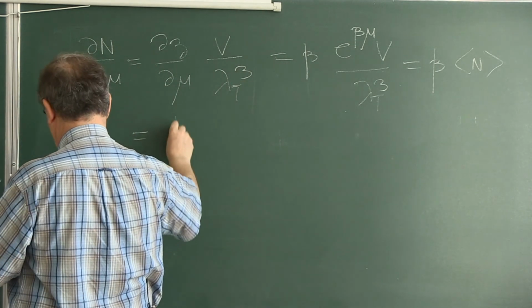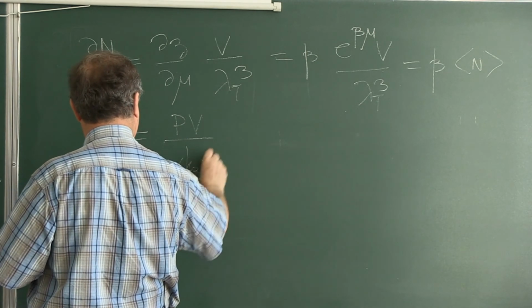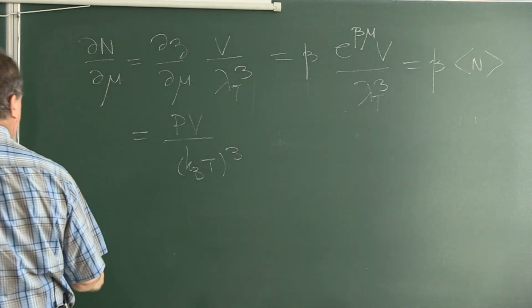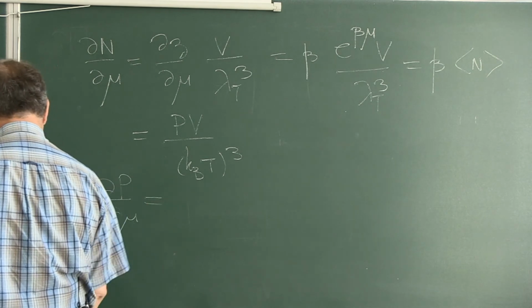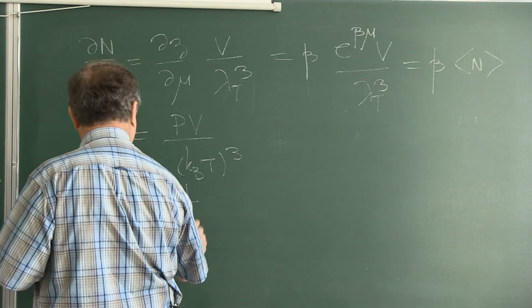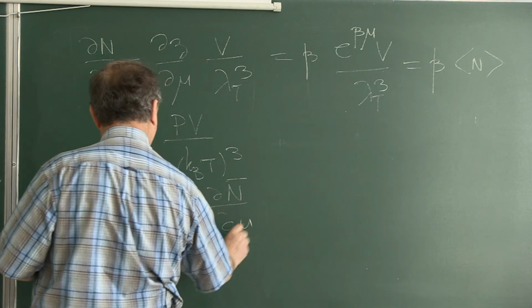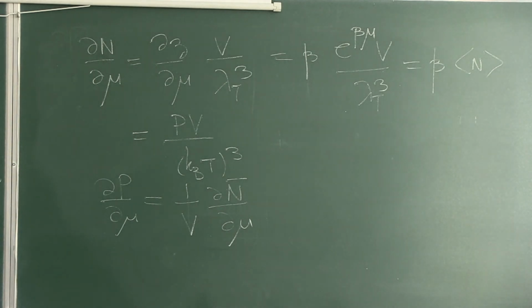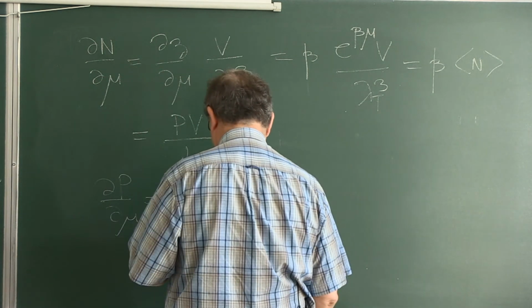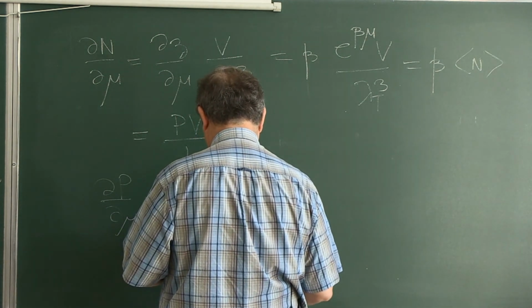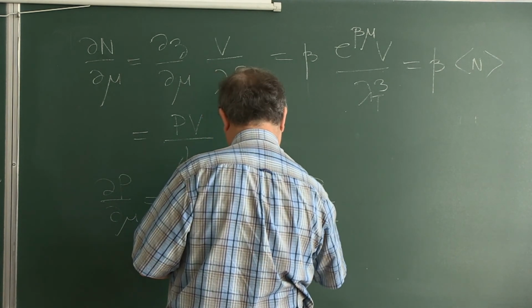So it is PV over kB T. On the other hand, del P del mu can be calculated as 1 over V del N del mu, which is P over kB T squared.